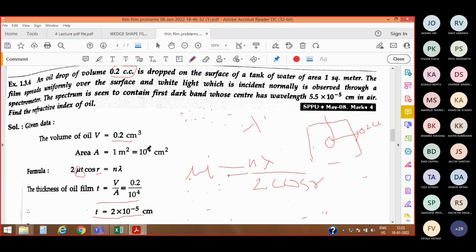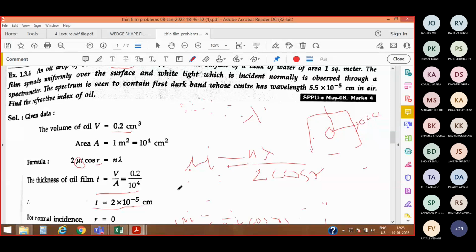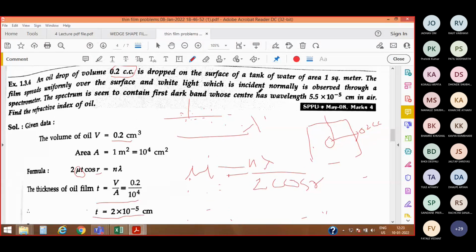ये सॉल्व करके बताओ what is the value of μ, जल्दी सॉल्व करो। sin i की वैल्यू जो है that is this one, r की वैल्यू आपको 0 दिया है because it is normally incident. थिन फिल्म में लाइट कैसे normally incident होता है। Film is uniform over surface, white light is incident normally, यानी ये सीधा normally incident हो रहा है, that's why value of r is equal to 0 here.